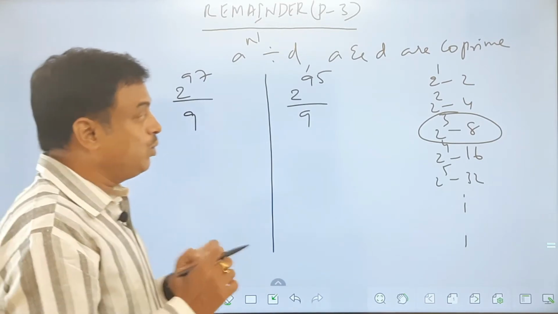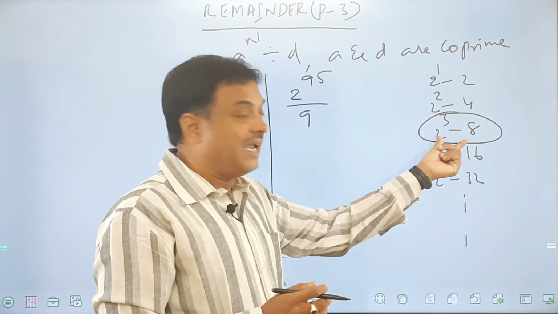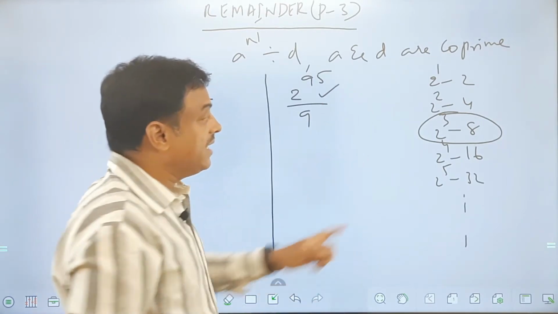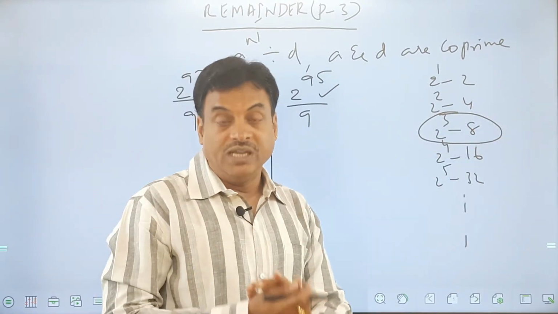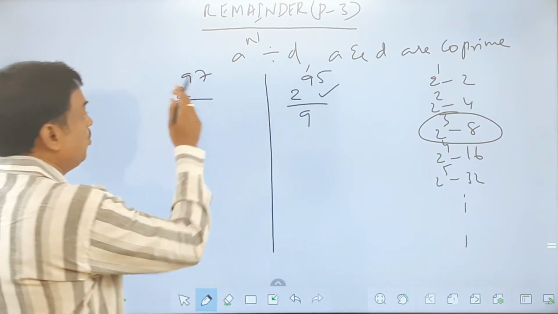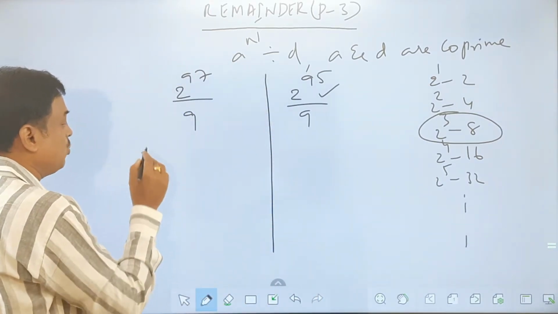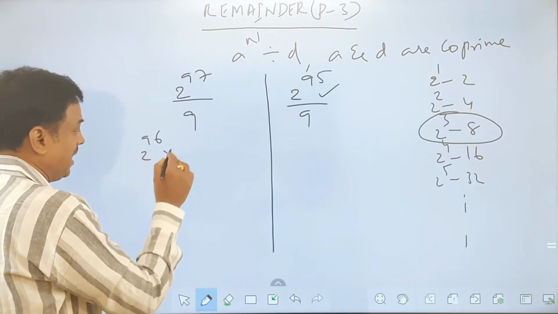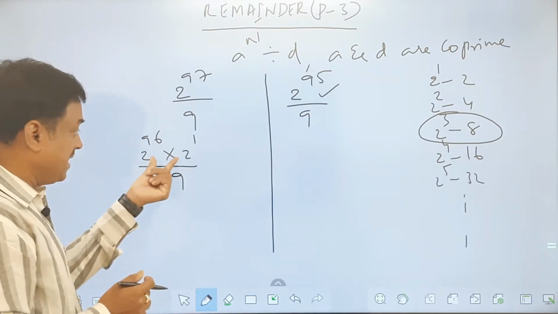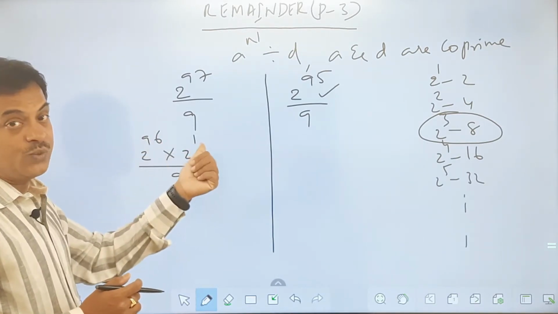Since 8 is very close to 9, I need to convert this numerator in the form of 2 power 3. Now see, I'll do both the numbers one at a time. 2 power 97 can be written as 2 power 96 into 2 power 1 divided by 9. Base is the same, so powers should be added: 96 plus 1, 97.